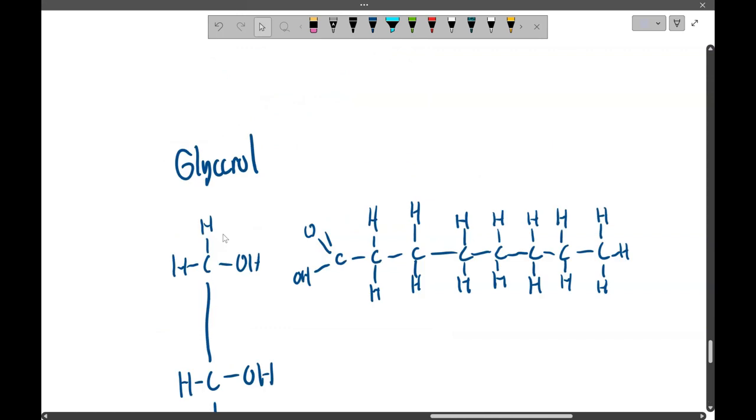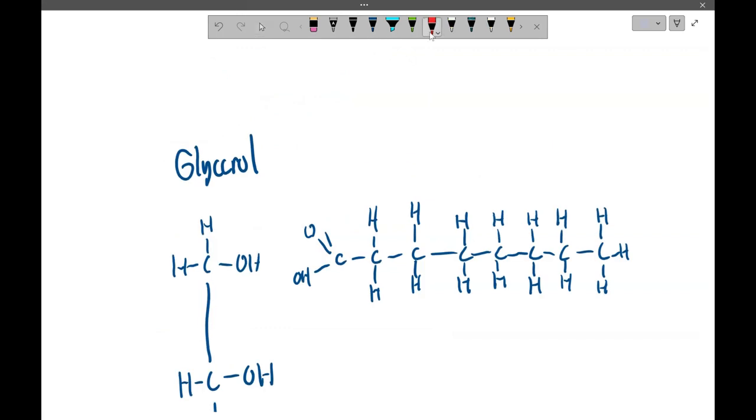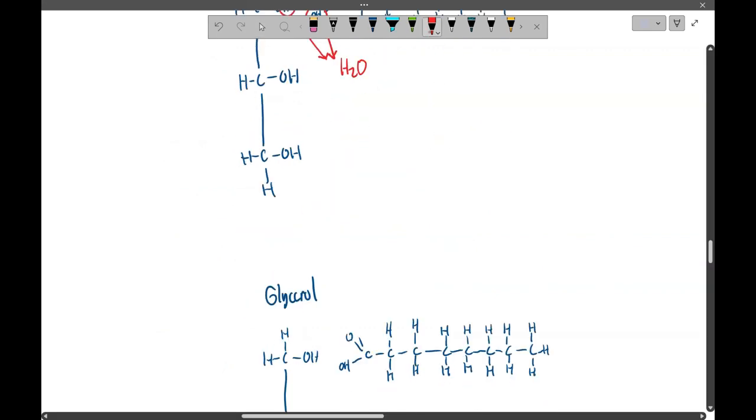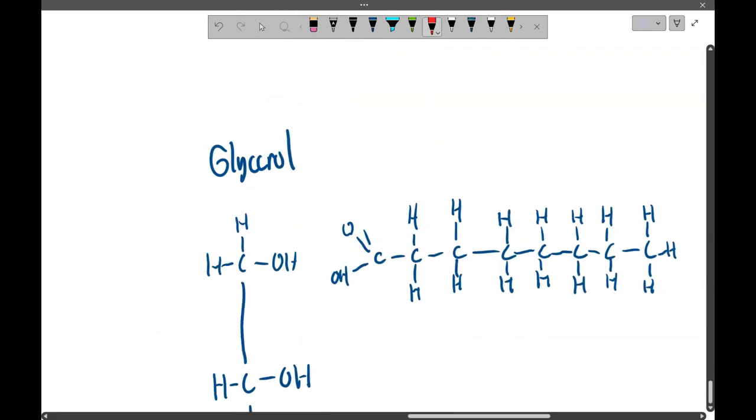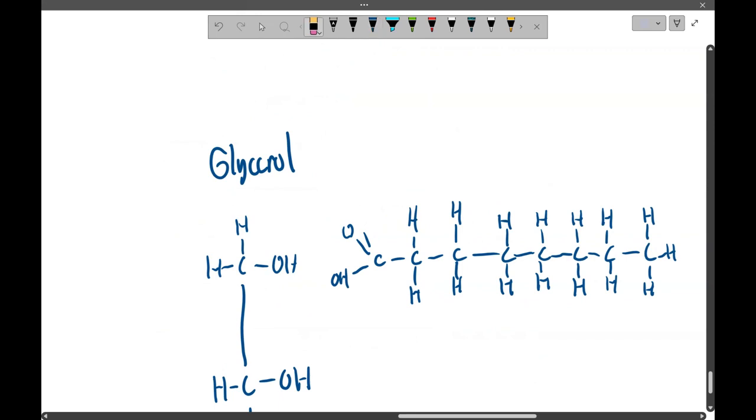So what happens here is I'm going to circle these in red. This alcohol group or hydroxyl group and this hydrogen are going to break off, and they're going to form an H2O. Now, when these two break off, I'm going to erase this and then move them elsewhere.